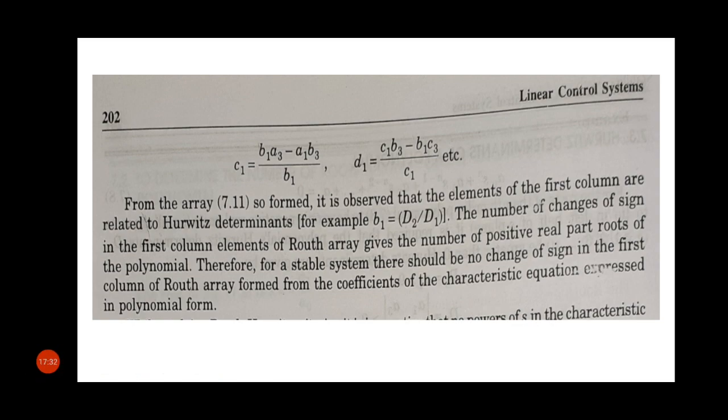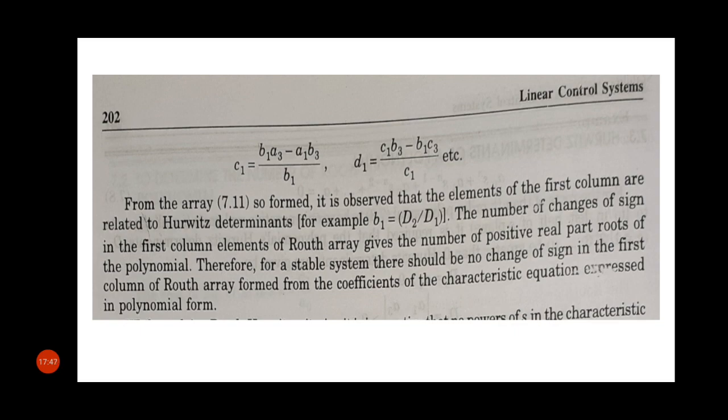In summary, there are two conditions in the Routh-Hurwitz criteria. The first is the necessary condition for a system to be stable, and the second is the sufficient condition.